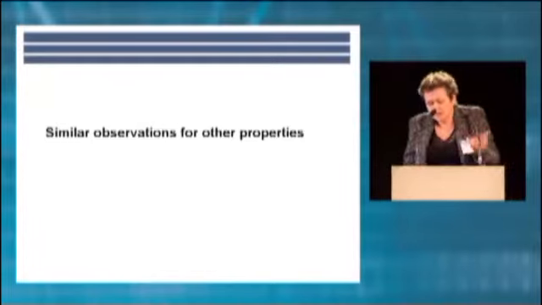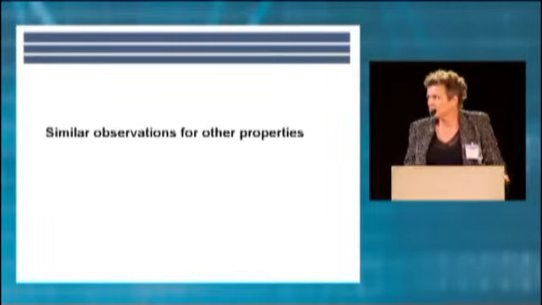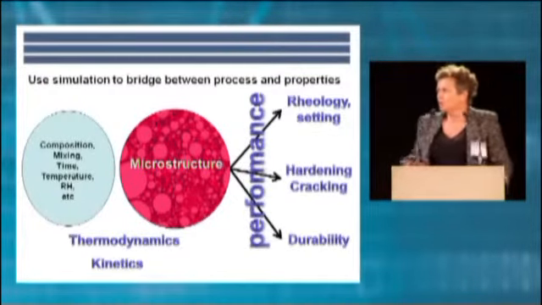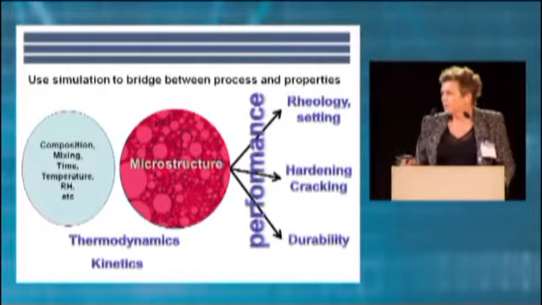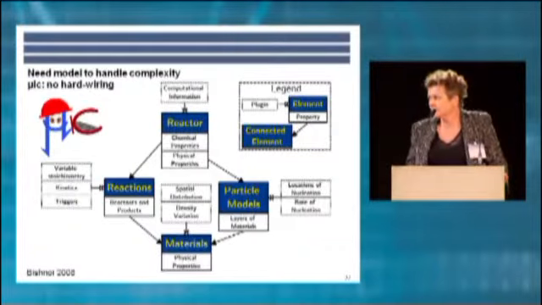So we would see similar kinds of observations for other properties such as durability. So we think it is really critical to follow this approach of really building up the microstructure by thermodynamics and kinetics to be able to give us our final performance. And this is where our work has focused over the past few years.